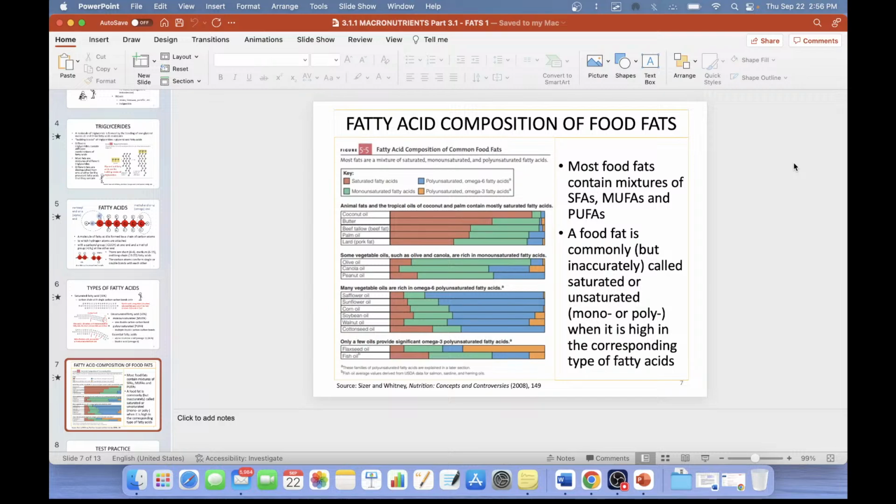So I have a table here that shows, using a bar diagram and colors, the fatty acid composition of some common food fats.